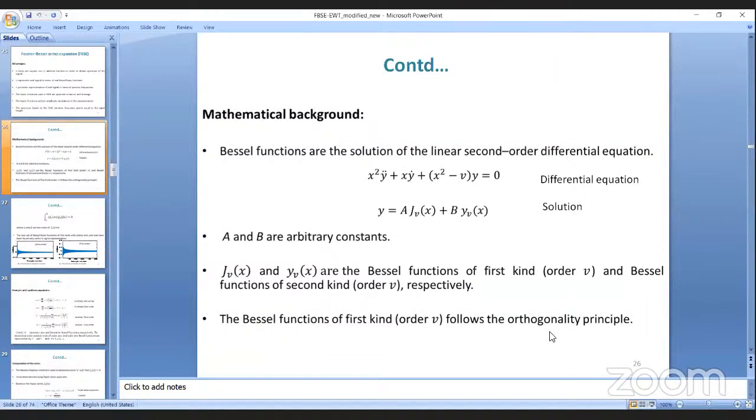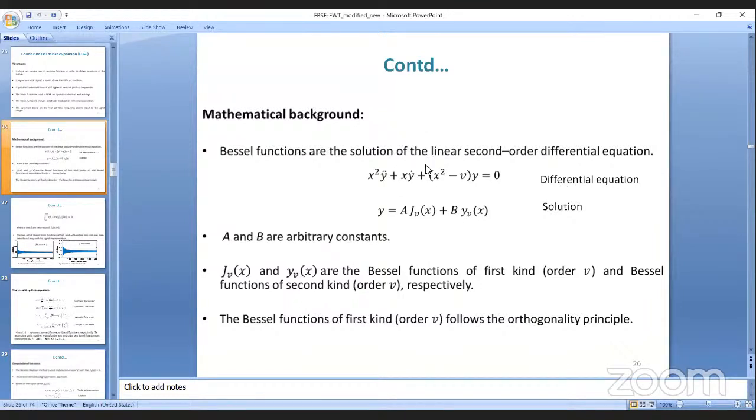And from where has this Fourier-Bessel series expansion come? These Bessel functions are the solution of a differential equation. They are obtained by the solution of the linear second order differential equation. So this is the mathematical equation for the differential equation.